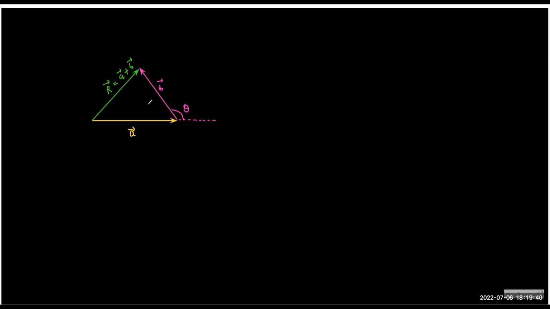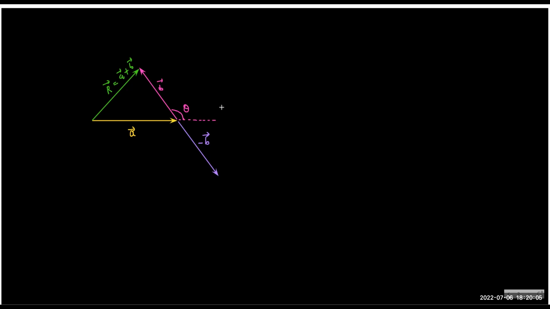Now I would like to know what is A minus B. For that I need to first reverse the B vector, isn't it? So if I reverse the B vector, it will look like this. So what will be the name of this new arrow? The name will be changed to minus B. It's just a conventional name. Now, as per triangle law, what do we do?